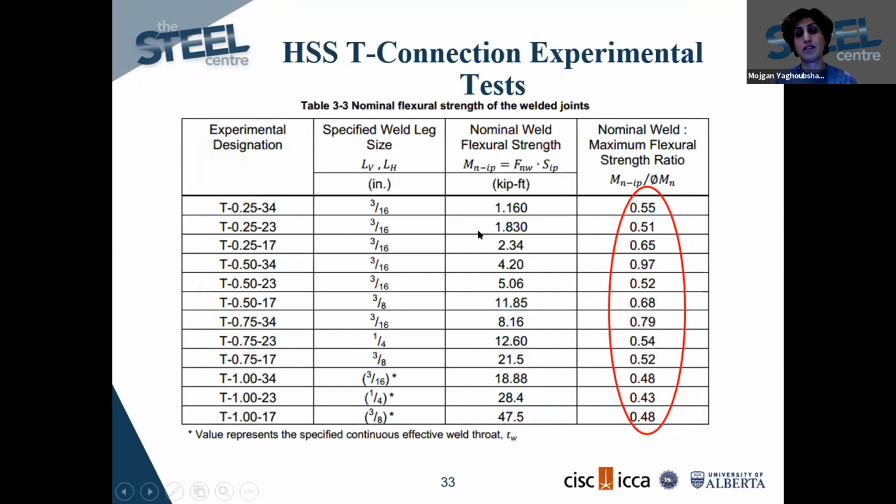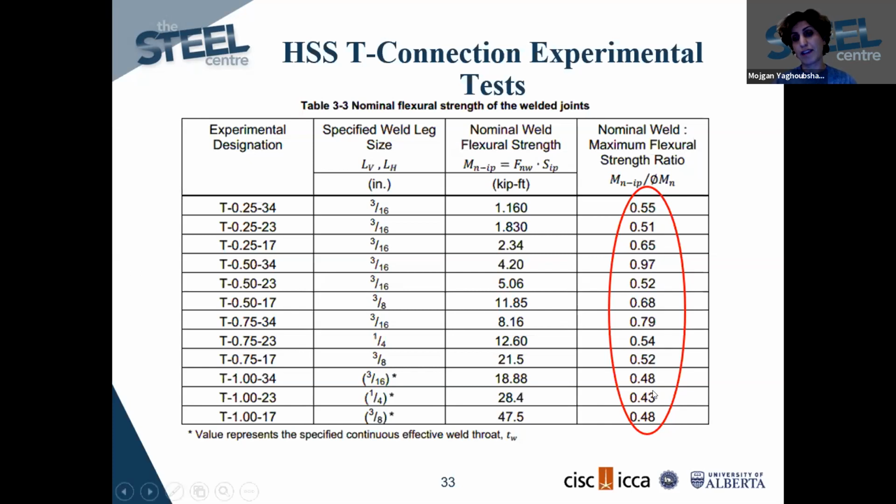The weld capacity was also calculated based on the current design requirements of AISC 360, and it was made sure that the fracture in the weld happens before failure in the connection.